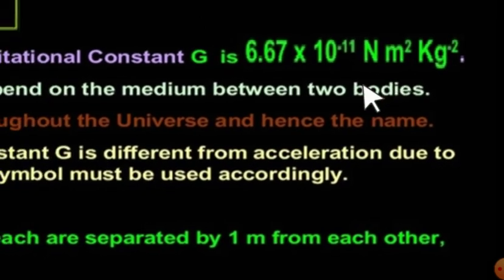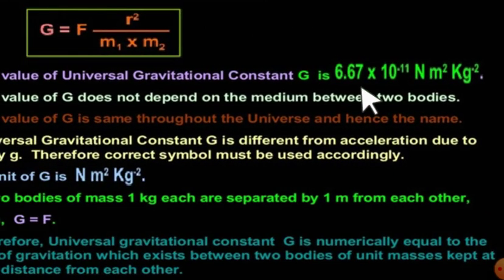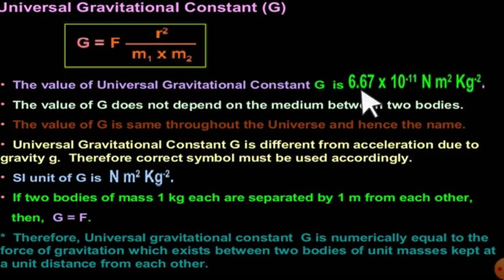Got it? And when we go deeper into the topic later on, we will know how to find out this value as well as this unit. But for the unit, let me tell you here. Capital G can be expressed as F into r square by M into M, the two masses I mean.